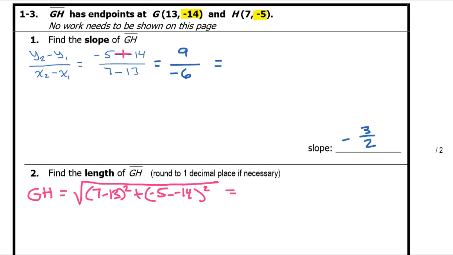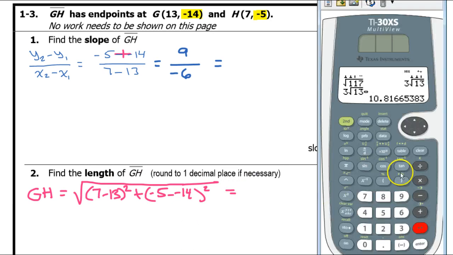Okay, and then I can use a calculator for that. So if I do the square root of... And I really can just type all this in just the way I wrote it if I wanted to. You know, you can do as much of this by hand as you feel like doing. But I'm just going to demonstrate for you that your calculator can do it all. -5 minus -14 squared.